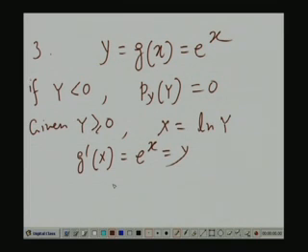Okay. In this case, there is only one solution. Given y, there is only one solution, by the way. This is not a periodic function or a function of such kind where you have got multiple solutions possible. No. Given a y, you get only one x. So, it is a very simple case.